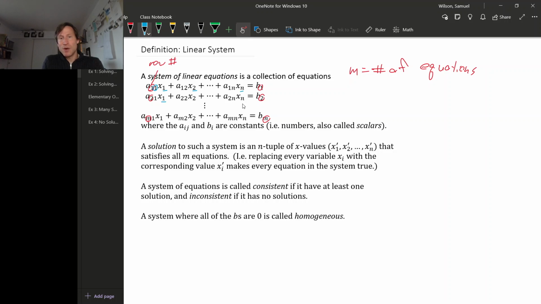In a general linear system, every variable could show up in every equation. So every x from x sub 1 up to x sub n shows up in every equation. n is the largest subscript on your x's, so n is the number of variables.